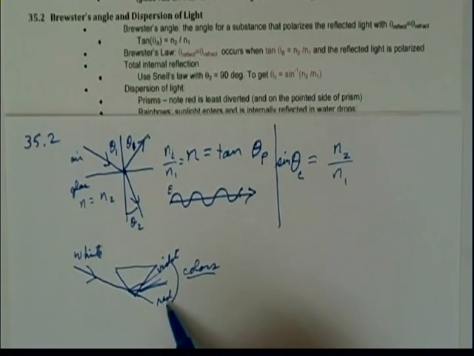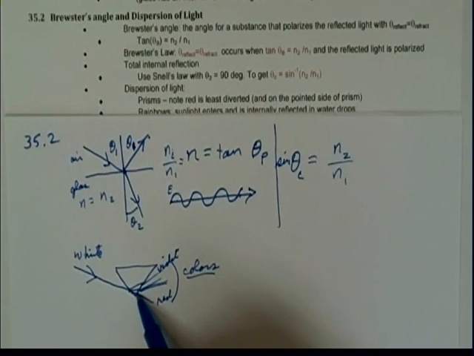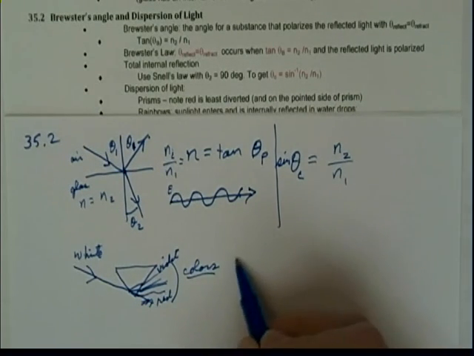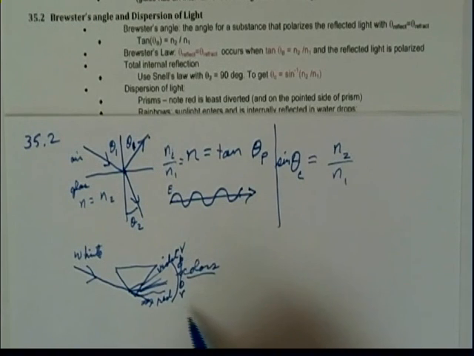All of you are familiar with the different colors of the rainbow, and the rainbow will be seen in its normal order right here, where red is the least diverted, and it's diverted some. I should draw it that way better. And it goes red, orange, yellow, green, blue, and violet.